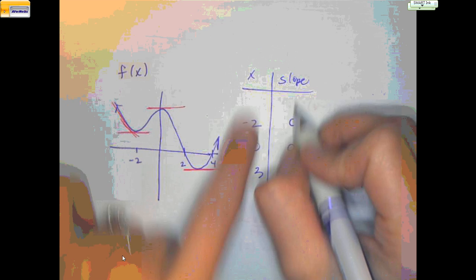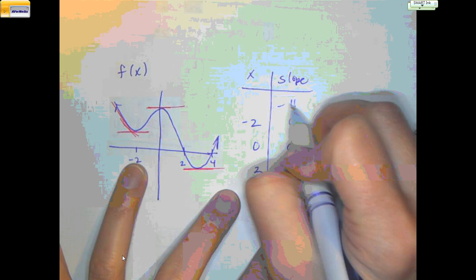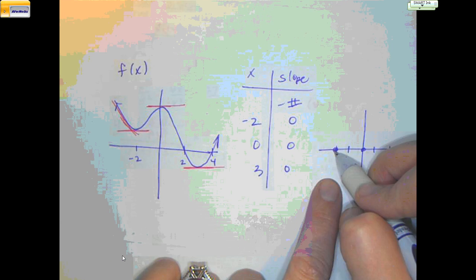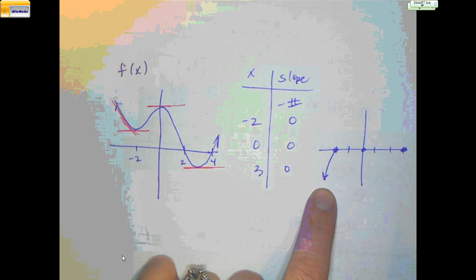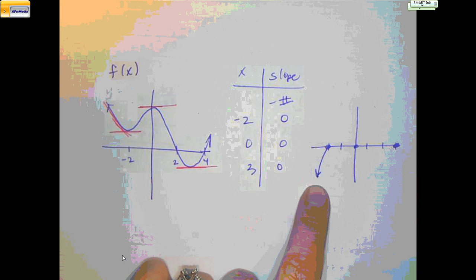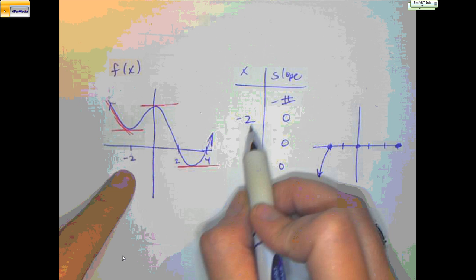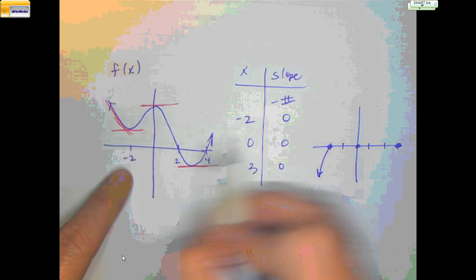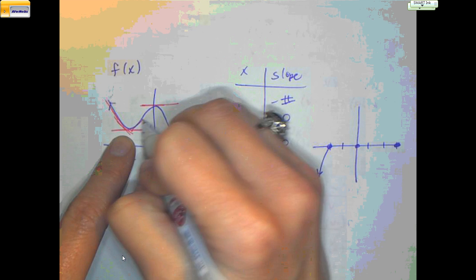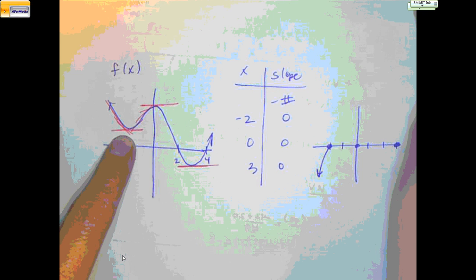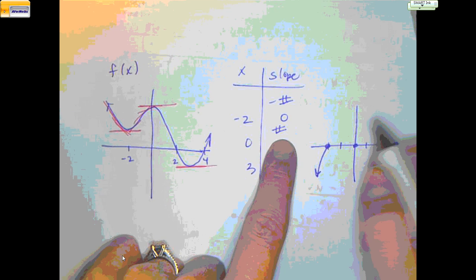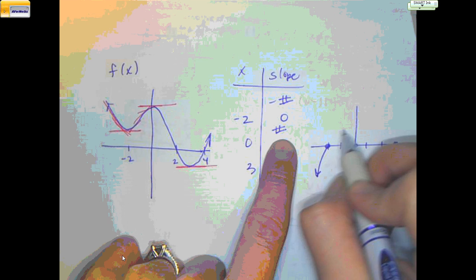So I know on the left-hand side, these are all going to be negative numbers, which means if these are my new y values, they're below the x-axis. All right, let's look between negative 2 and 0. These tangent lines, what are the slopes? They are all positive. So between there, I need positive numbers for my y value, so it's above the x-axis. It's up here somewhere.